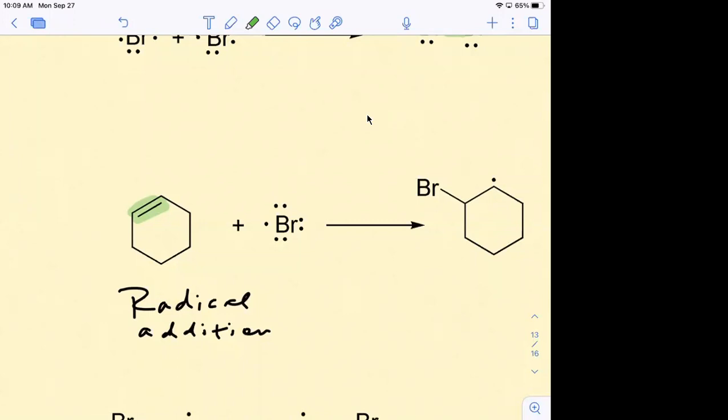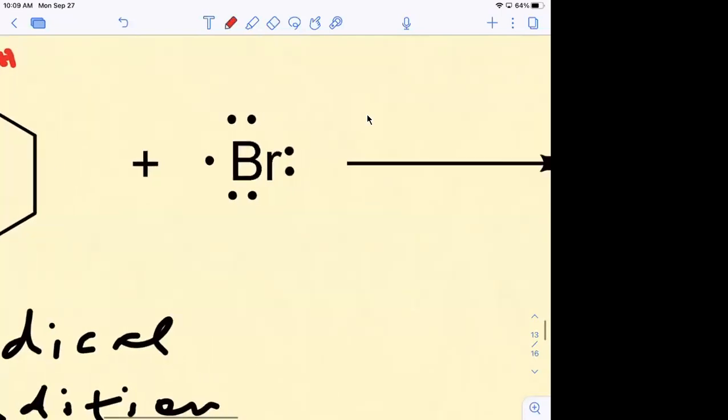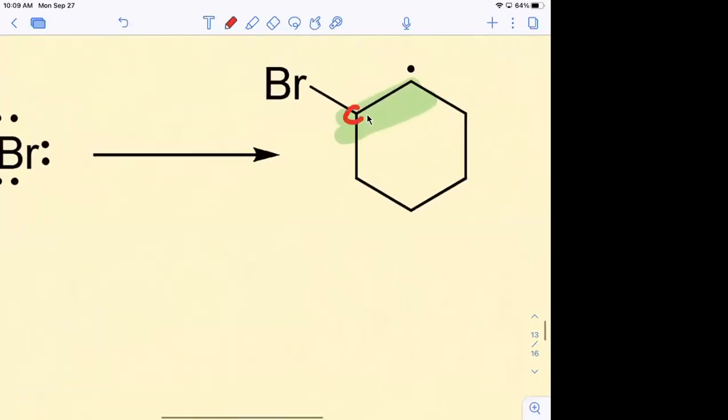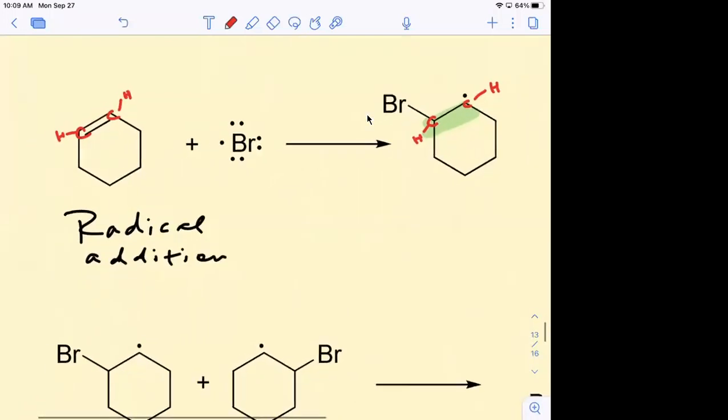Notice these are still the same two carbons. Actually, I'm going to mark them. So this is a carbon here and here, and over here, same carbons. Like so. So how would you show that?